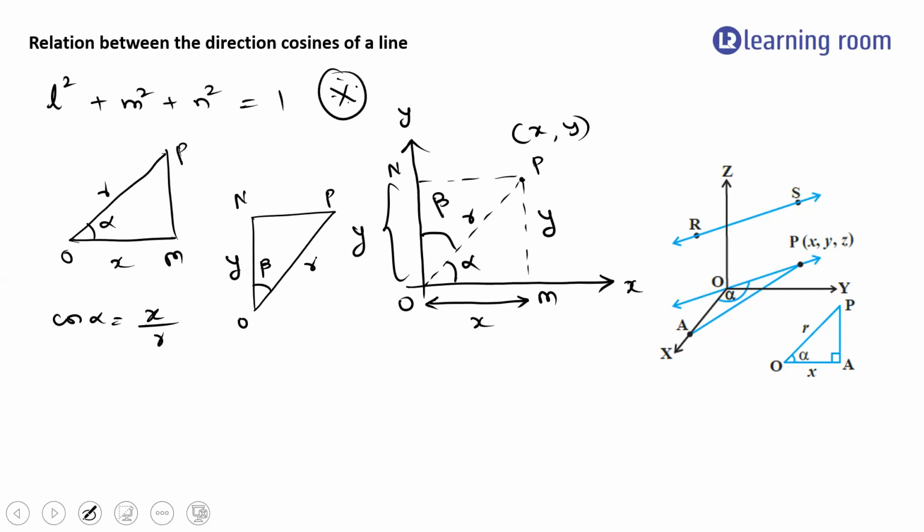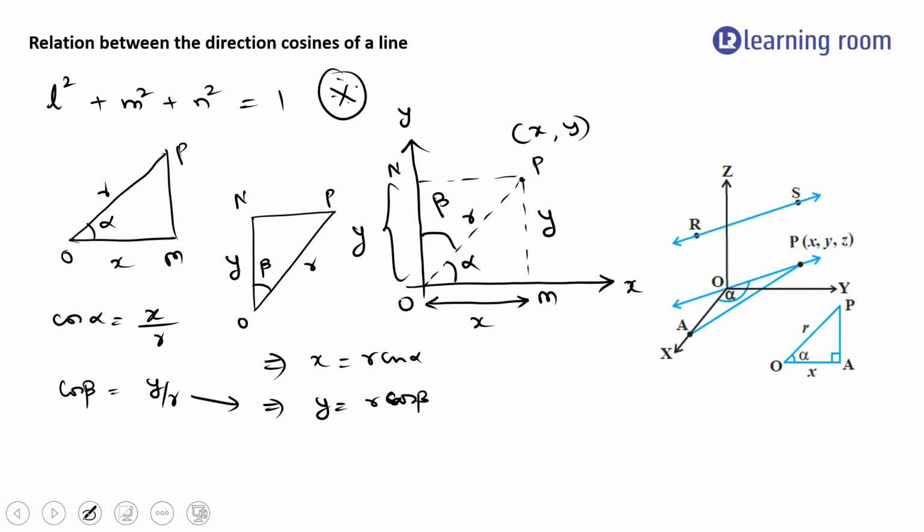So what is cos beta? Cos beta will be equal to y divided by r. So from here I can say x is equal to r cos alpha, and from here I can conclude that y is equal to r cos beta.